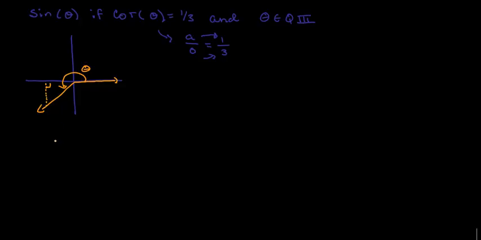So if we drop back up, we have the adjacent side is 1, the opposite side is 3. Now they're both negative. The reason that they're both negative is because I'm moving to the left and I'm moving down.